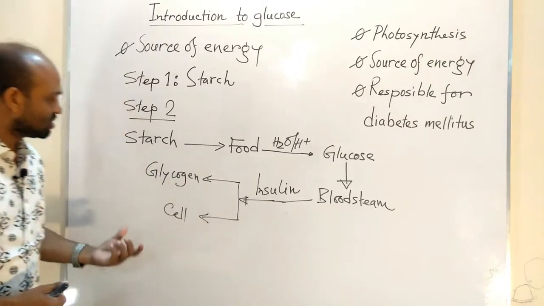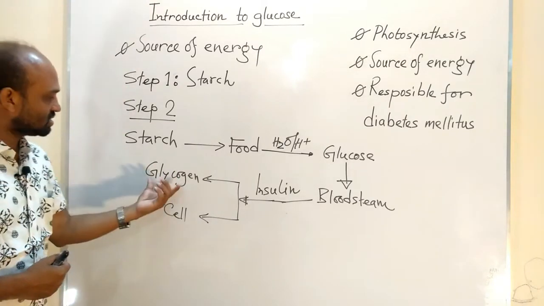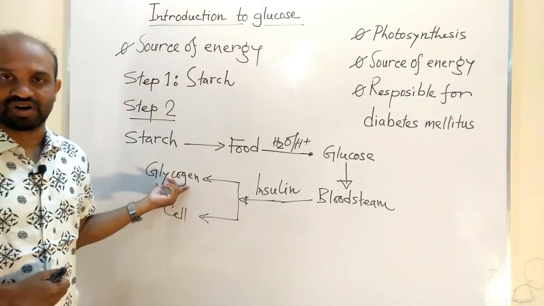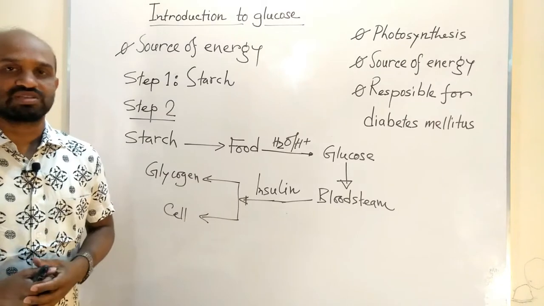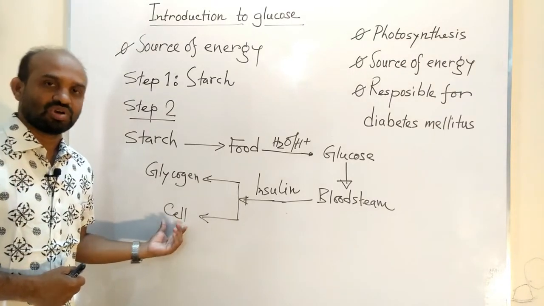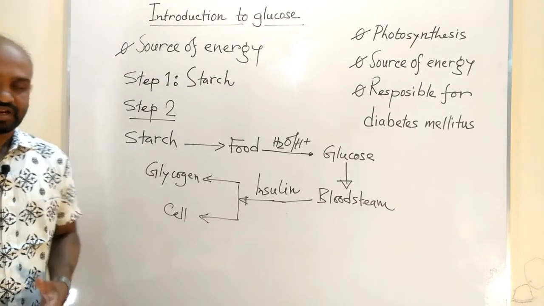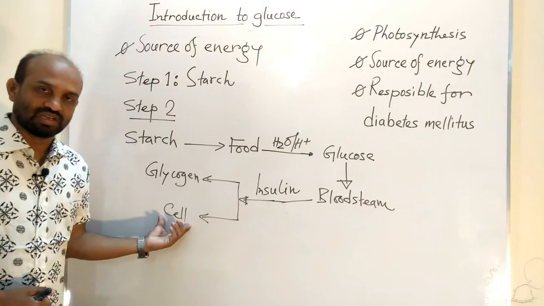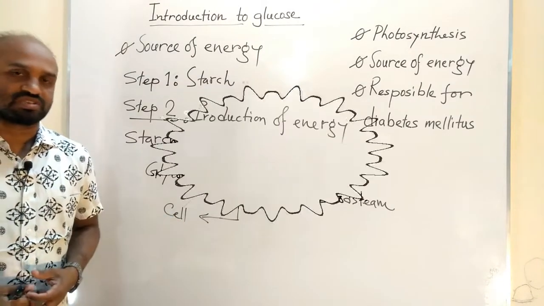Some glucose, that is excess amount of glucose, is deposited in the liver as glycogen or animal starch, and some other glucose goes to the cell, and in the cell a kind of reaction happens. We will see this reaction now.